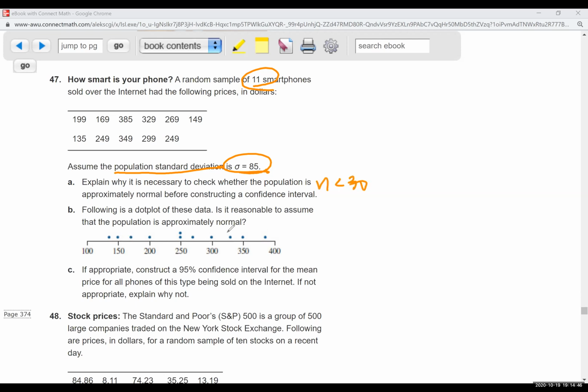So letter B, following a dot plot of this data, is it reasonable to assume that the population is approximately normal? Look at the dots. Do you see a normal curve here?